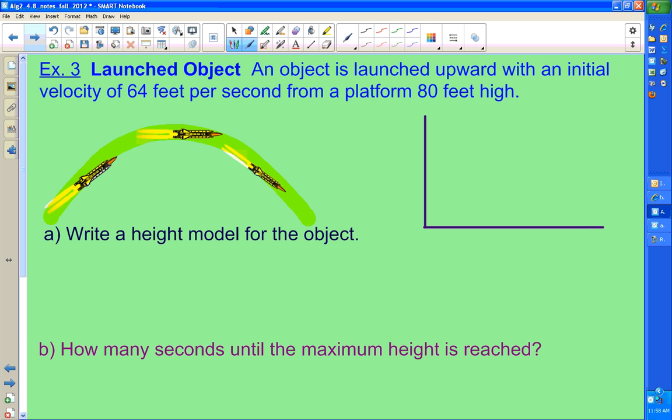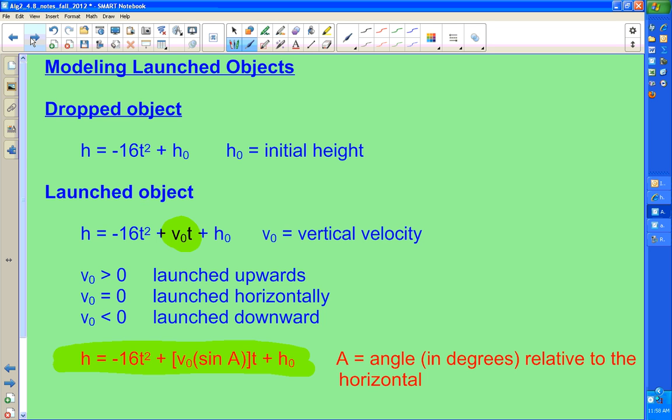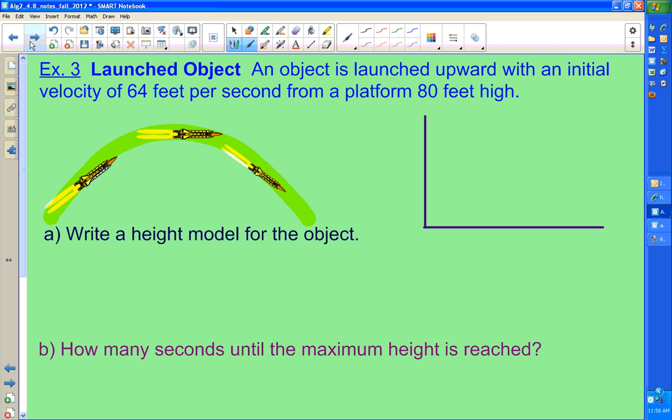Well, that's the function that we just talked about: negative 16t squared plus v sub 0 t plus h sub 0. So in this situation, h of t equals negative 16t squared plus the initial velocity, 64 times t, plus an initial height of 80 feet. That's your function. That will tell you the height of this object at any given time.